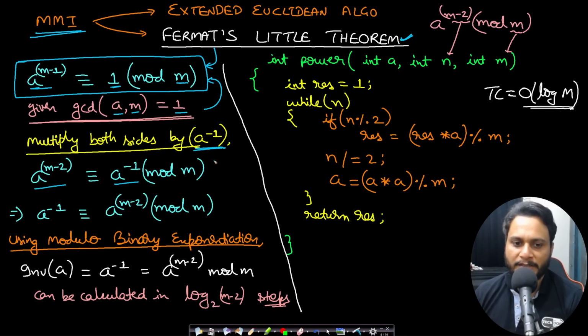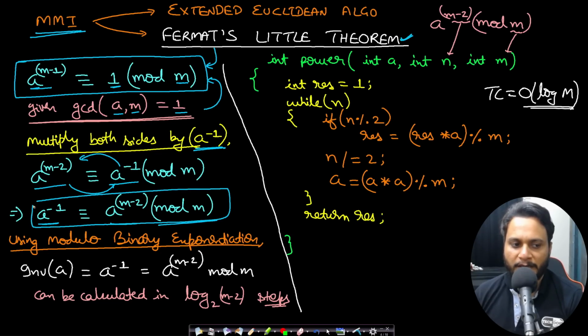Since this congruence relation is symmetric, you can move this on the left and that on the right, and you can write a to the power minus 1, that means a inverse, is equal to a to the power of m minus 2 mod m. So using this formulation you can calculate a inverse all the time.